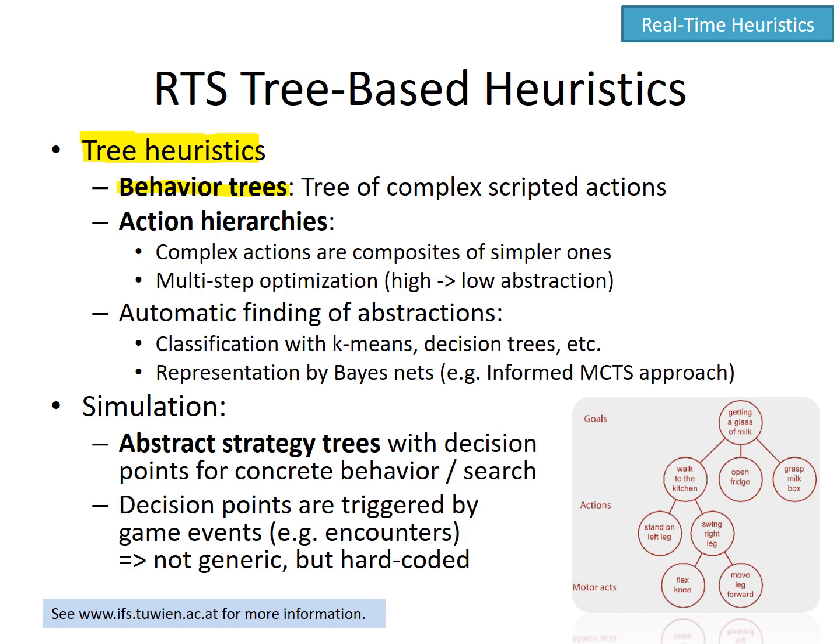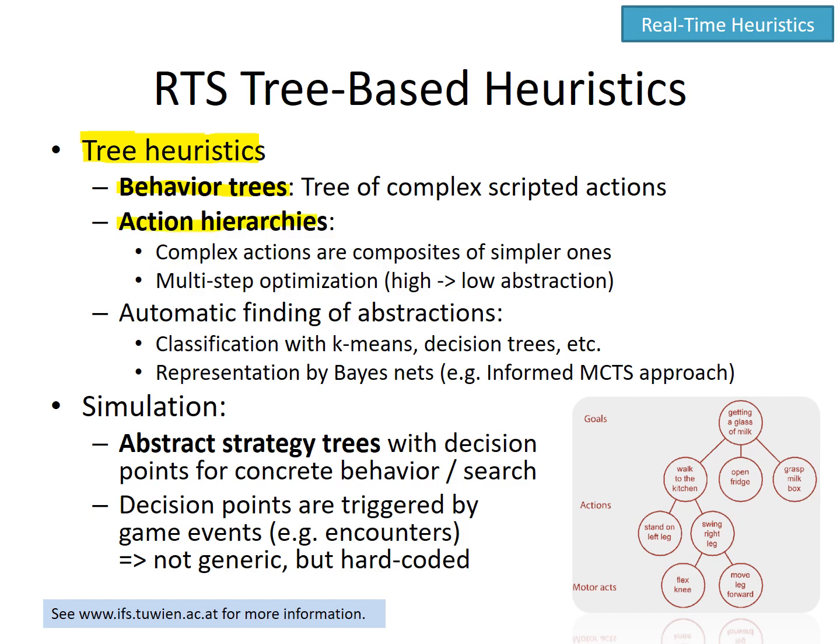The idea is that you don't define just an action like move unit from A to B, but you actually define an action by a script, a particular complex, maybe even smart behavior, and represent actions as such in the game tree, which means that if you employ, for example, Monte Carlo tree simulation, you end up with a way more complex evaluation strategy. So the play out takes longer and will be more complex and will be dependent on the game state. But this is, however, a necessity because of the many degrees of freedom that we have in real-time games.